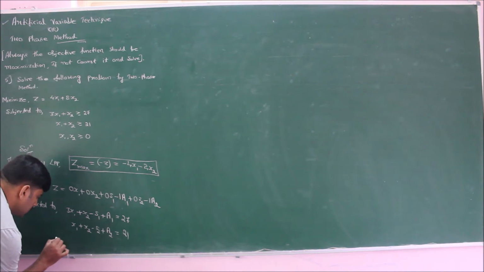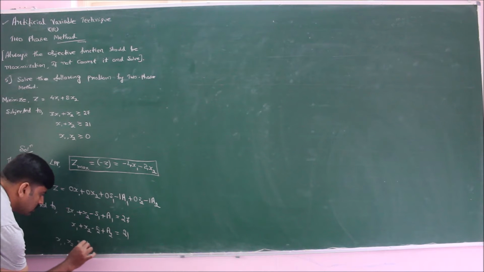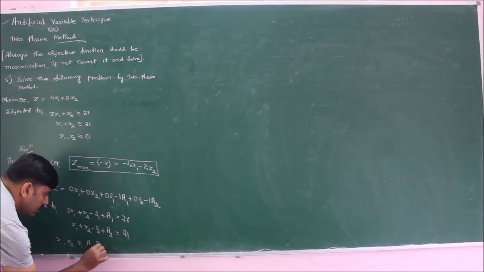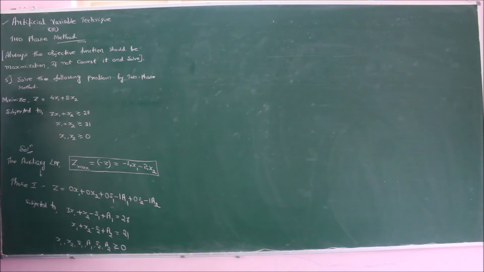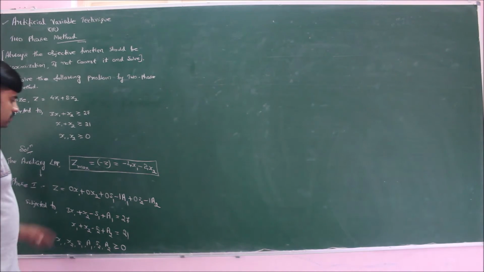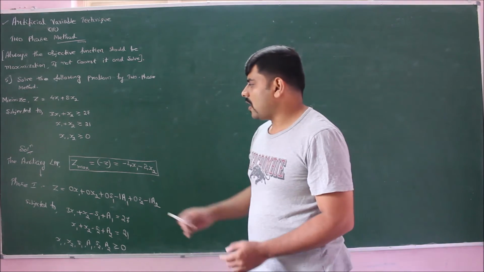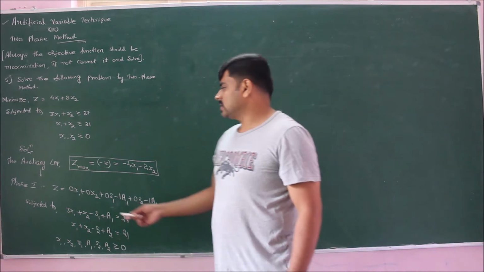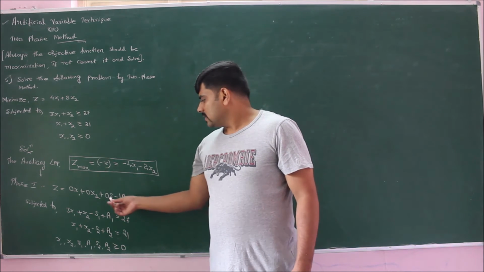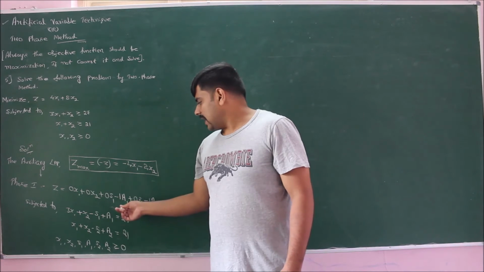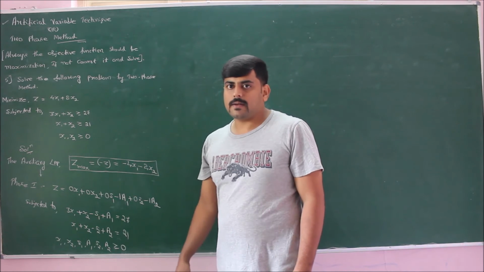And the positivity constraint states that x1, x2, s1, a1, s2, a2 are all greater than or equal to 0. So this is phase 1 where we have formulated the auxiliary LPP, obtained by assigning zeros for all variables except artificial variables, whose coefficient is -1.